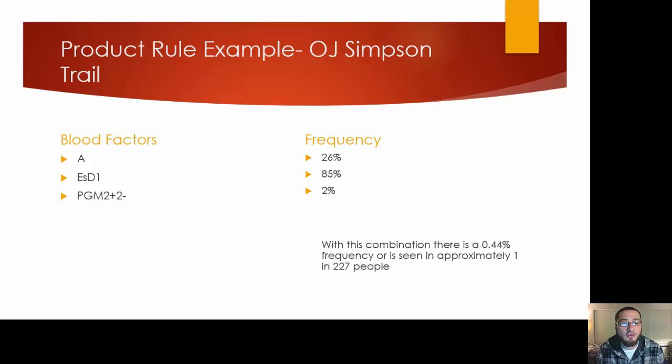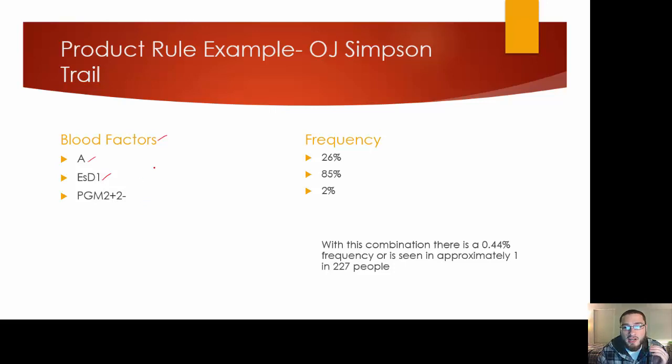But what they did like to look at was blood. All right, so in your blood we have various factors or various proteins, and they looked at these different proteins. He was type A. He had this protein ESD1 and this protein PGM2 positive, 2 negative. And scientists actually knew the frequency of people having this.